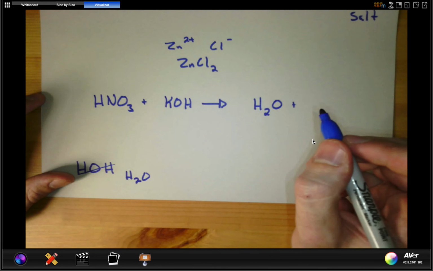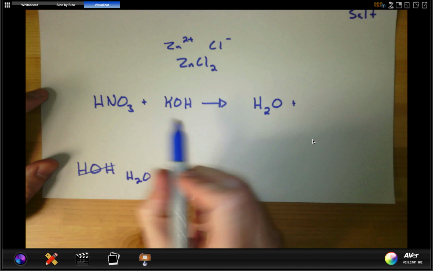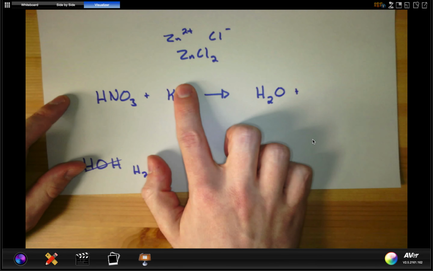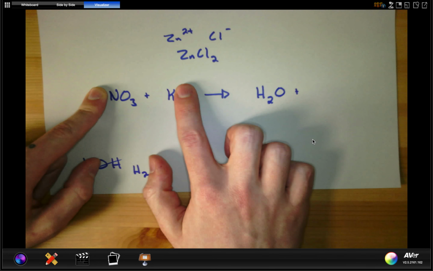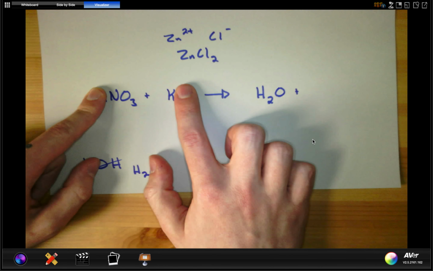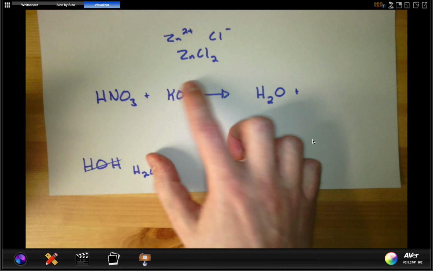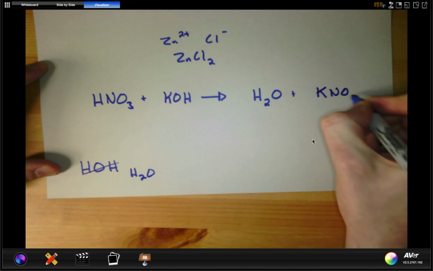So what is our salt? What is the ionic compound that's left? If we cover up the OH, we have potassium, and if we cover up the hydrogen, we have NO3. That's nitrate. Potassium is +1, nitrate is -1, and if you didn't know that, it's in your table of polyatomic ions. So what's that going to make? Potassium nitrate.